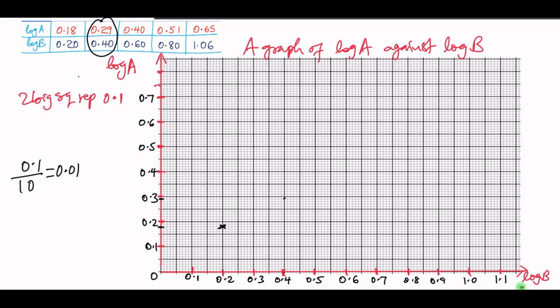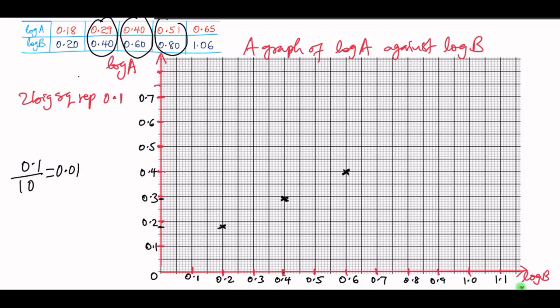So the point of intersection of the two is this particular point. Then the other point is 0.4 and 0.6. So this is the point. I put a mark at this point.